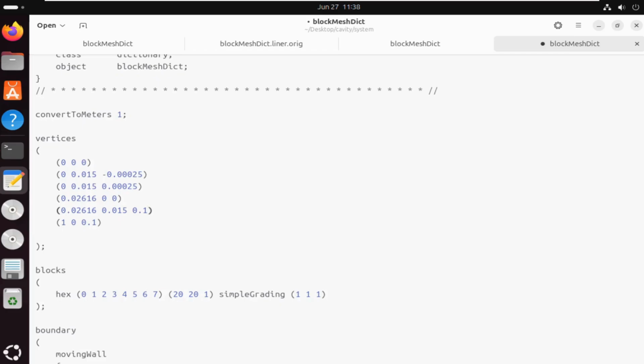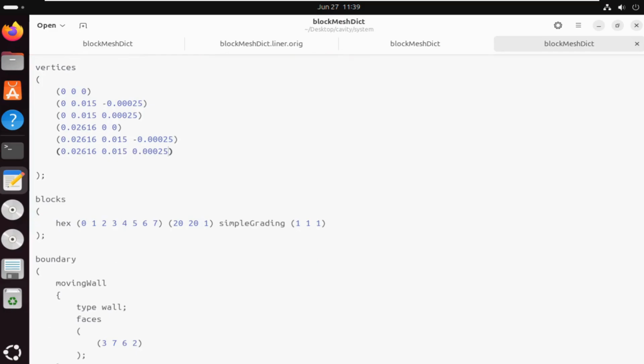Then this has to be minus, yeah. That's it. So we save it here, Control S.